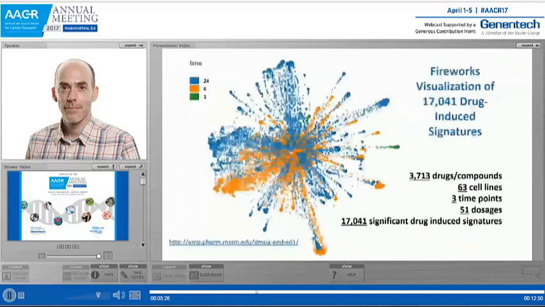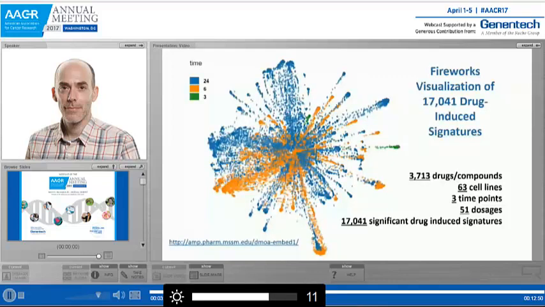This is an initial project that is now very close to being published, and this was 100 drugs and about 6,000 signatures. We wanted to see the effect of more drugs.